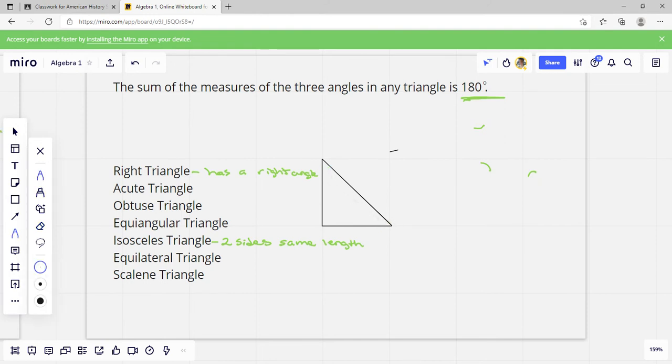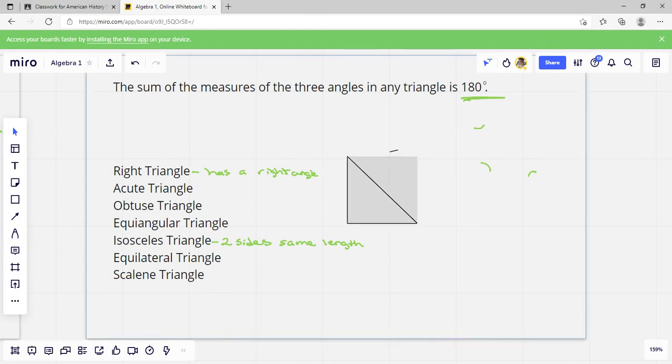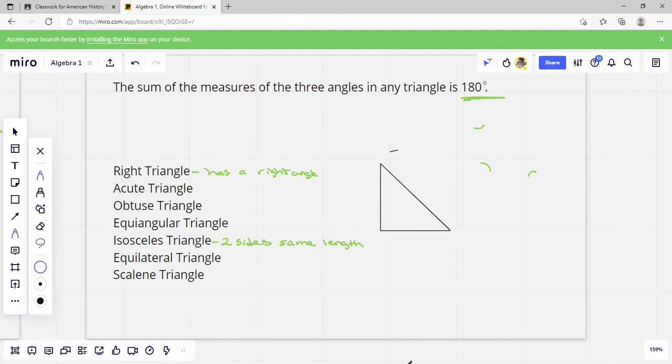All right. Now, an acute triangle is going to be a triangle where, let's see, if all the angles have a measure less than 90, then it's an acute triangle.